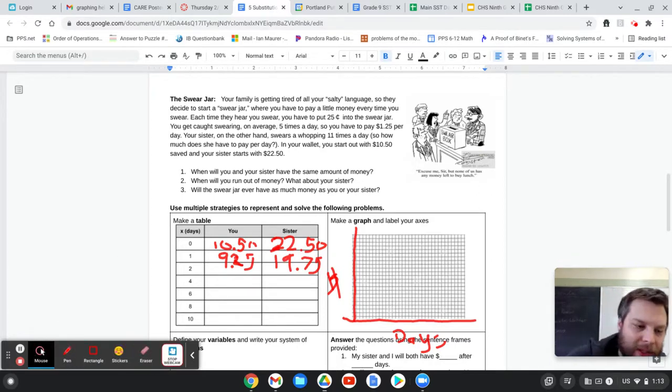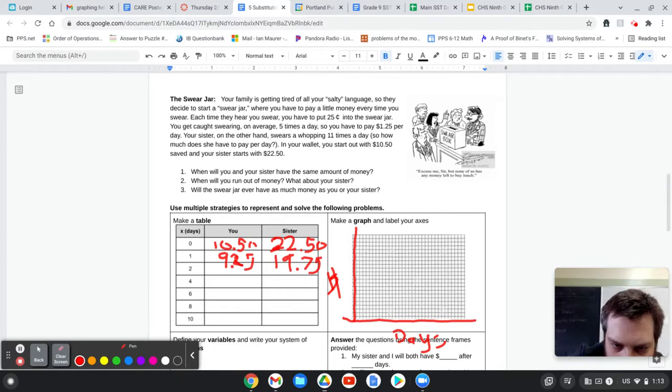If I count up on the boxes, 1, 2, 3, 4, 5, 6, 7, 8, 9, 10 and a half. So this initial red dot is representing that at day zero, I have $10.50.